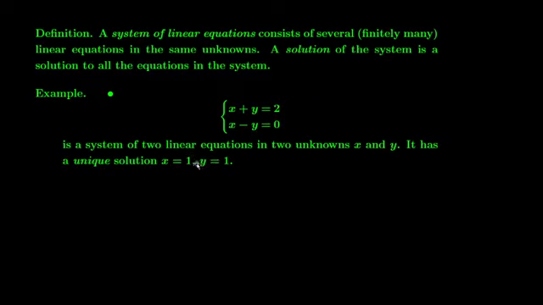Because if you plug x equals 1 and y equals 1 into that equation, 1 plus 1 is equal to 2, right? That equation is satisfied. And also 1 minus 1 is 0. That equation is also satisfied.